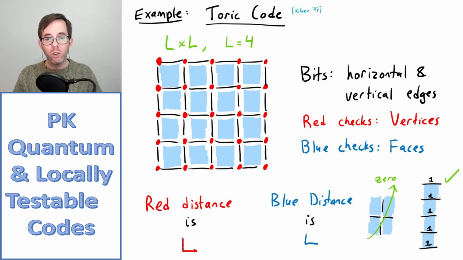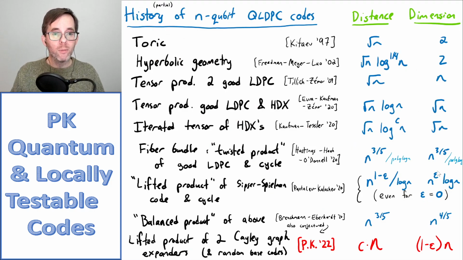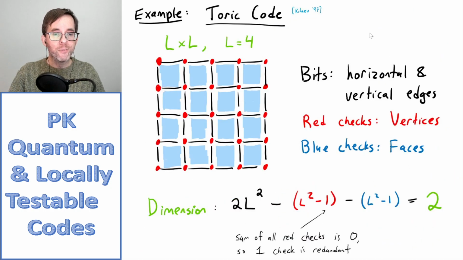So for example, if you choose a bunch of horizontal edges like this that go down a column, this is Hamming weight L, and it's a blue code word that you can't get by toggling red vertices. Okay, so long story short, the minimum distance in this toric code is L, and the number of bits is 2L squared.